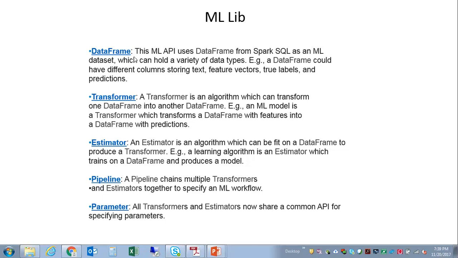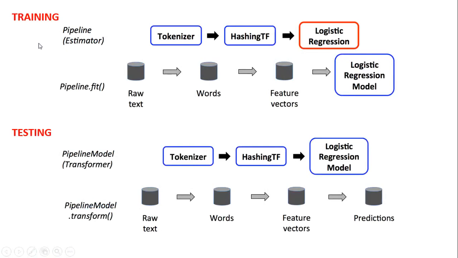So let's see how this works. This is an example of training a model. You set up a pipeline. This is going to be the estimator. You tokenize, you do transformations, and then you apply the model. You do logistic regression. When you say fit, it actually fits the model to the data, and the output of this process is a logistic regression model.